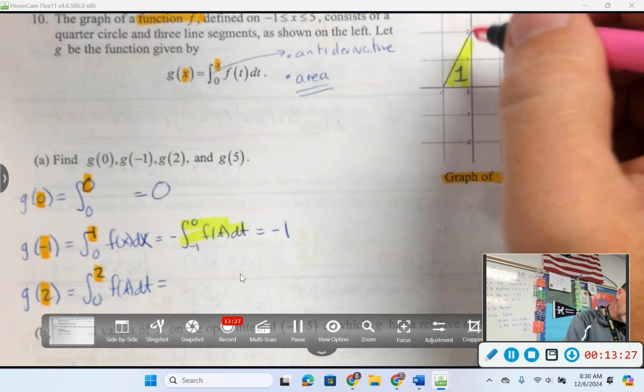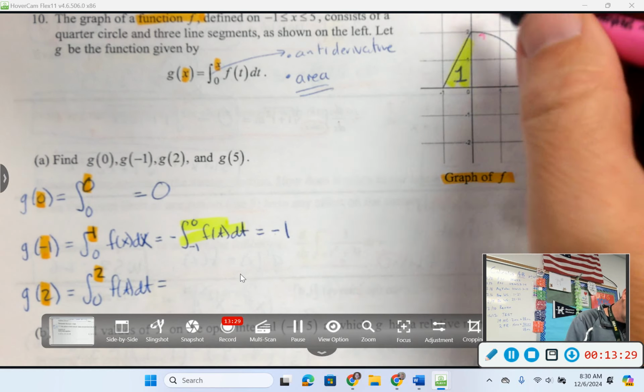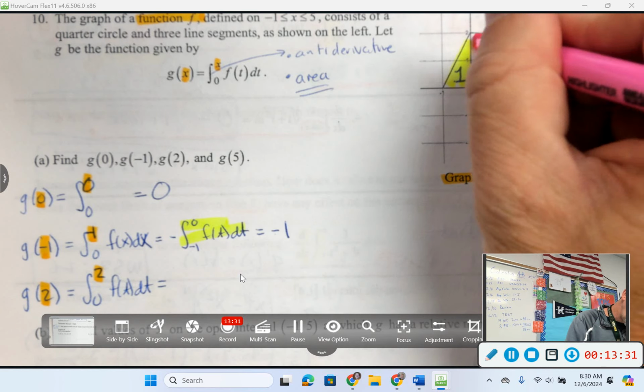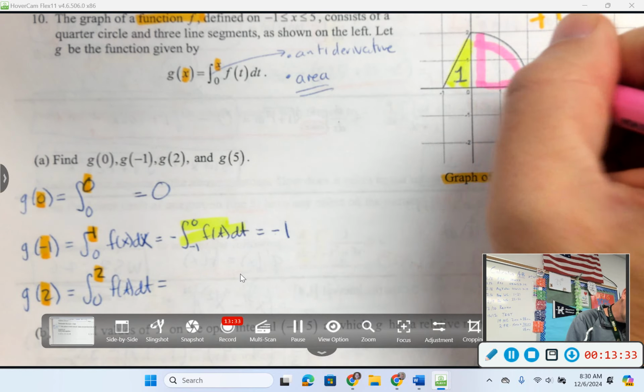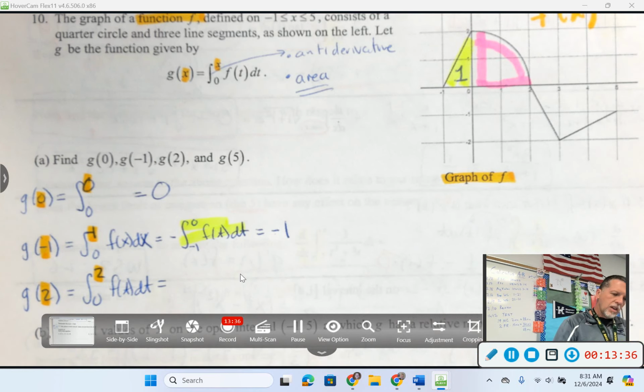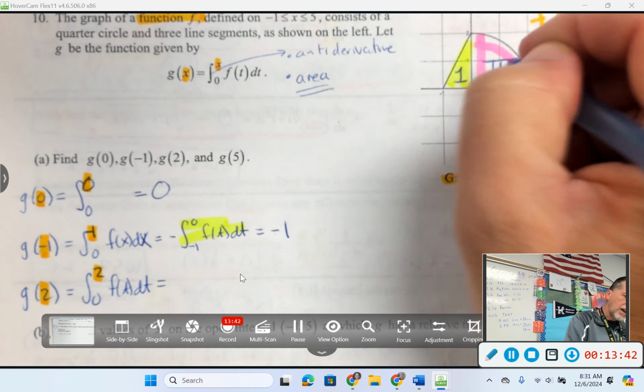So 0 to 2 is the circle, or the quarter circle, I guess. Let's see, pi r squared is 4 pi, but 1/4 of that would be pi.